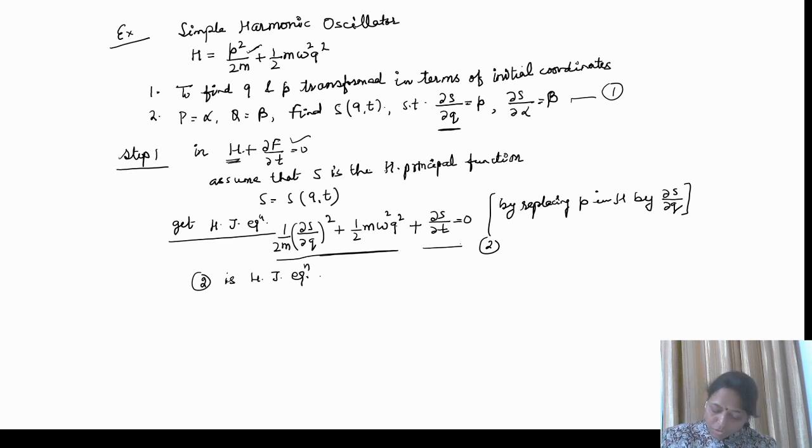Now you see that in this equation, this part is free from t and this part is free from q. So the variable separable technique is possible.